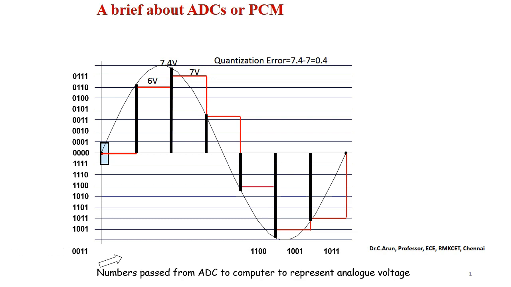The second sample is 1001, so the second sample output is 1001. In a similar manner, for each and every sample, the corresponding binaries are released. Finally, your entire sine wave will be converted into binary format. That means we have performed the analog to digital conversion process.